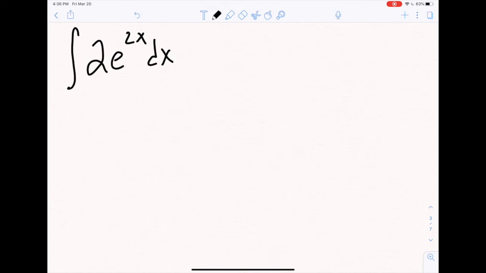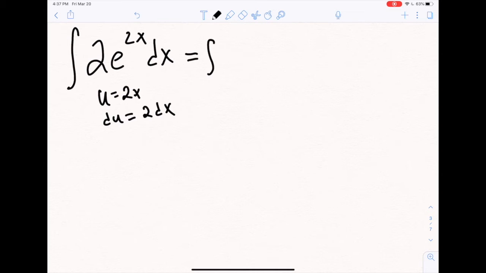Okay, let's look at another example. The integral of 2 times e to the 2x. Now, one thing to note here is that we don't have just e to the x. It's e to something else. And whenever you have e to something else and you're taking an integral, you have to do u substitution. So let's let u equal 2x. So then du is 2dx. Well, that's really handy because we have a 2 and a dx here.